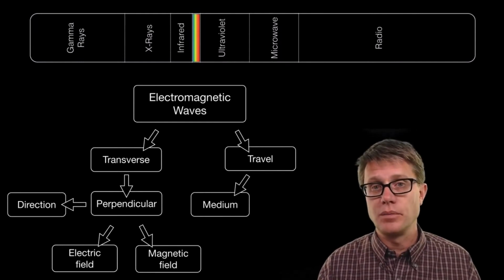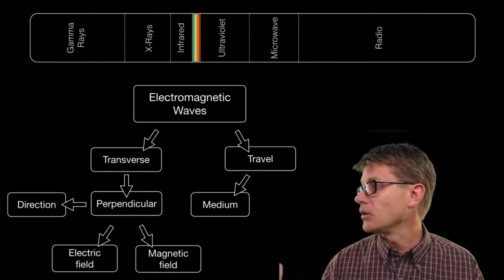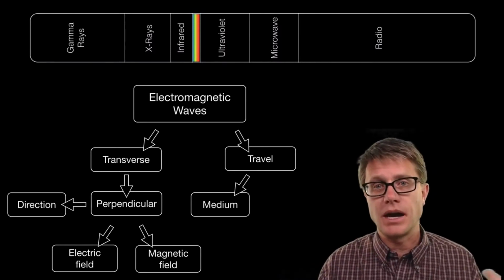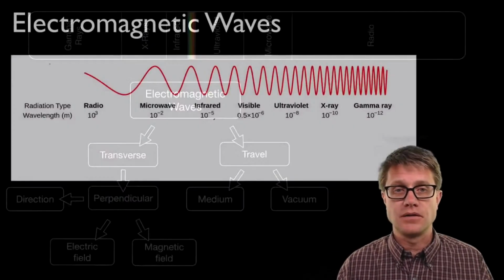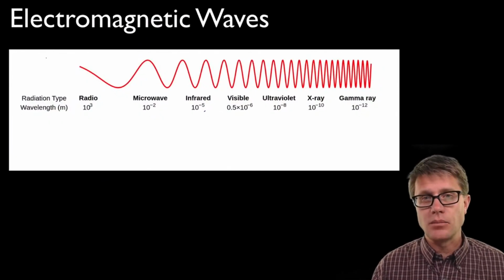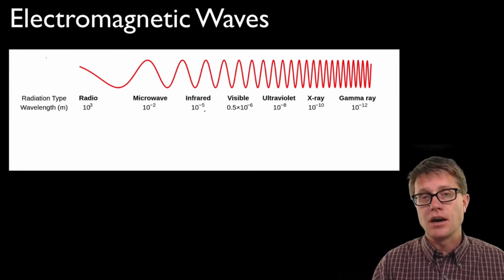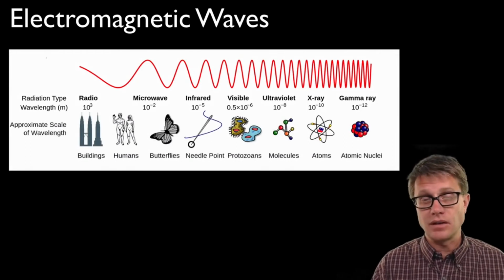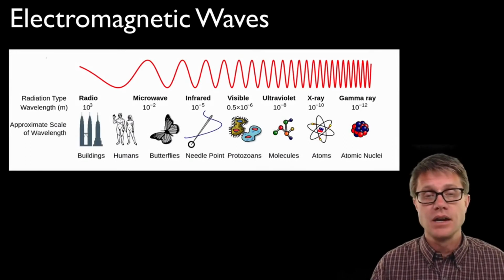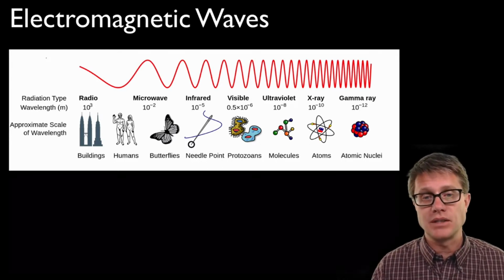Electromagnetic waves can travel through a medium, like light can move through water, or radio waves can move through the walls of my house so I can hear the radio, but they can also move through the vacuum of space. Remember, as we move towards high energy gamma rays, our wavelength is decreasing, but our frequency is increasing. So radio waves have really long wavelengths around the size of a building, whereas gamma rays would be more the size of an atom itself.